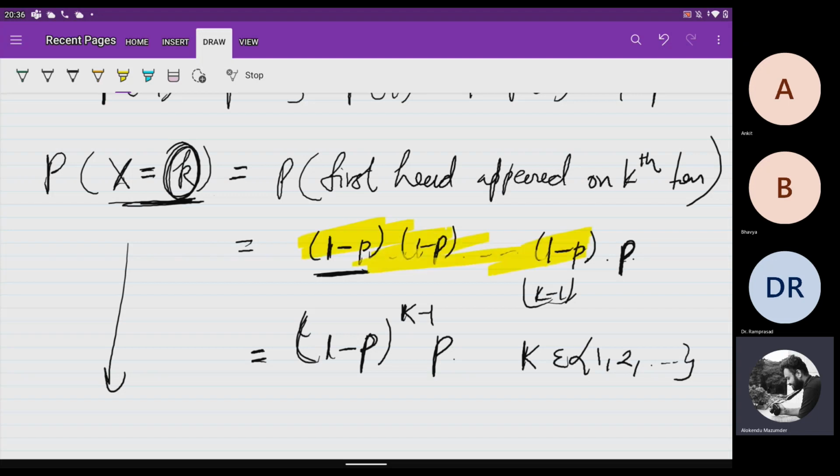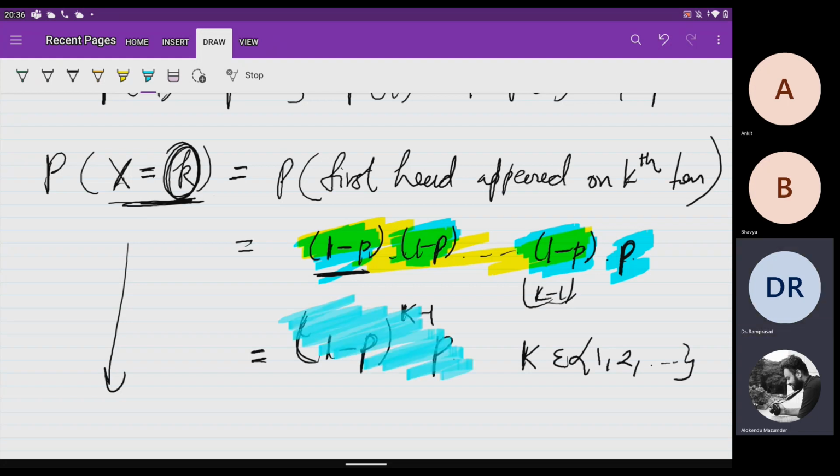All the tails were there, right? In the first toss I got a tail, that's probability 1 minus p. On the second toss, I got another tail, that's probability 1 minus p. On the k minus 1th toss, also I got another tail, that is 1 minus p. But on the kth toss, I got a head, that is probability p. Hence this formula. You have to multiply all the things. Okay.